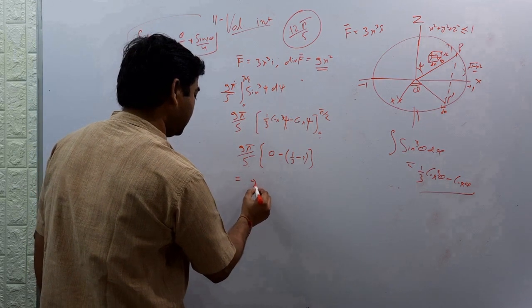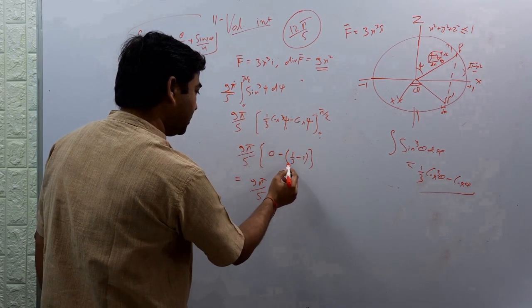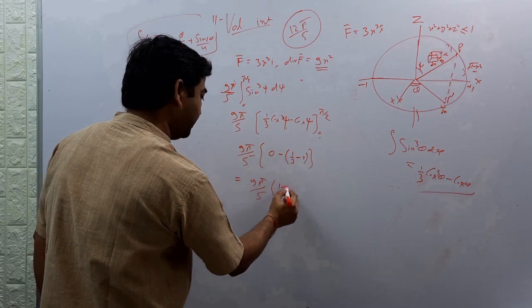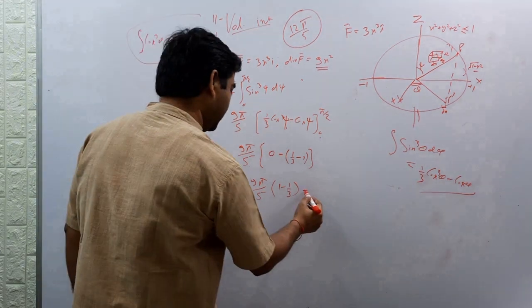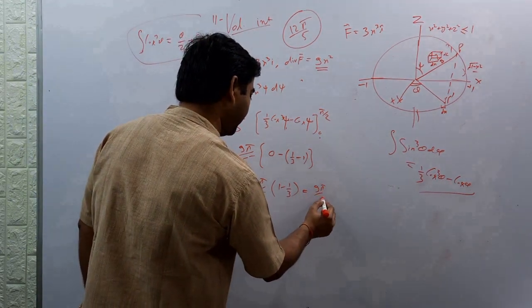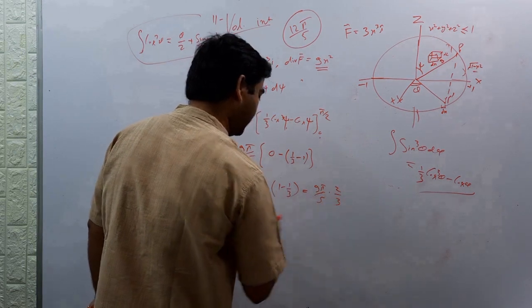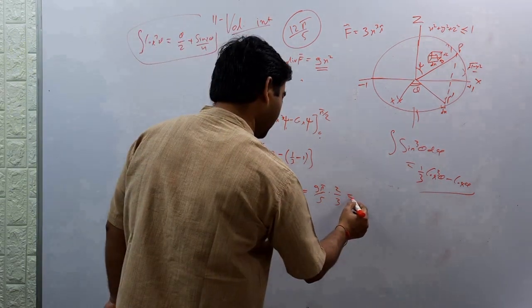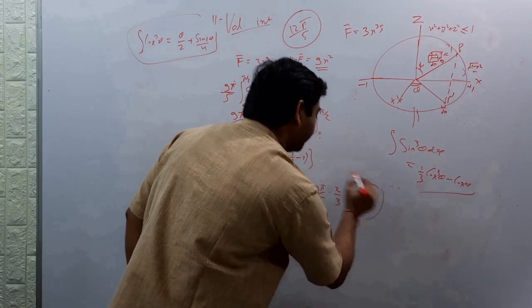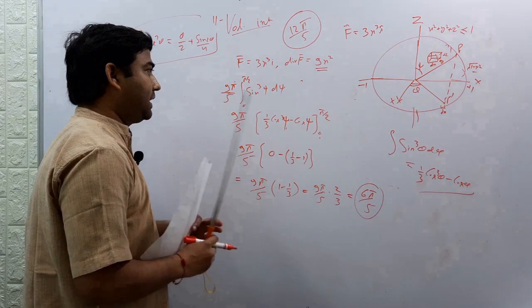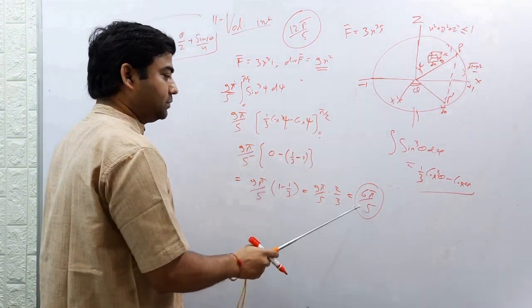So this is 9 pi by 5 into 1 minus 1 by 3, and this is 9 pi by 5 into 2 by 3, and this is 6 pi by 5. So we have calculated it for the upper half hemisphere, 6 pi by 5.